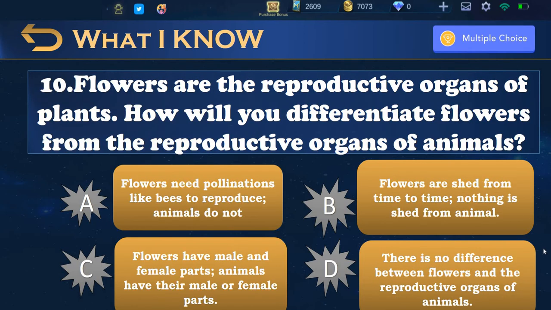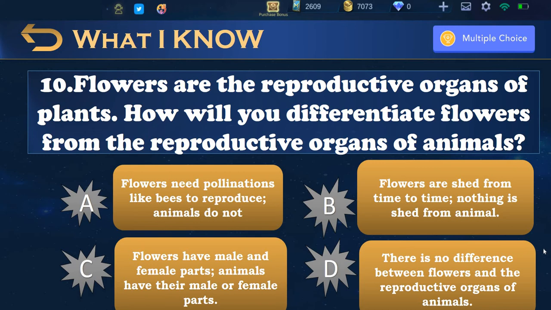And let's have the last number for our review. Number 10. Flowers are the reproductive organs of plants. How will you differentiate flowers from the reproductive organs of animals? Is it A, flowers need pollinators like bees to reproduce, animals do not. Letter B, flowers are shed from time to time, nothing is shed from animals.